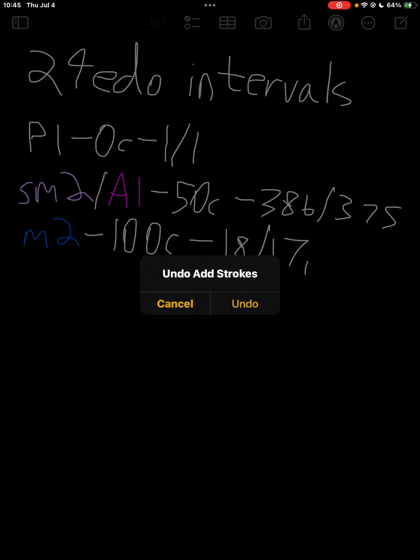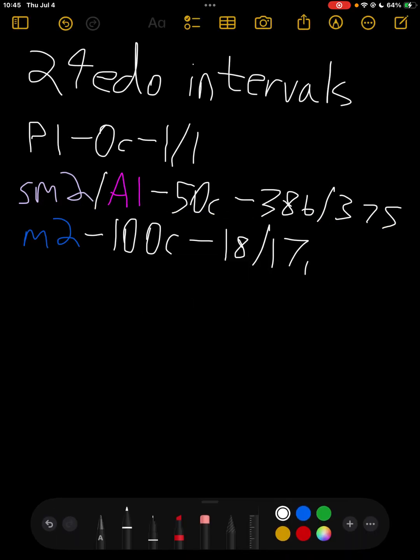Or, see if I can get something even closer. 1.05, 1.06 might actually work. Yeah, 53 to 50 might be a good ratio too. Yeah, 53 to 50 is very close also. So we've got two approximate ratios for the minor second.